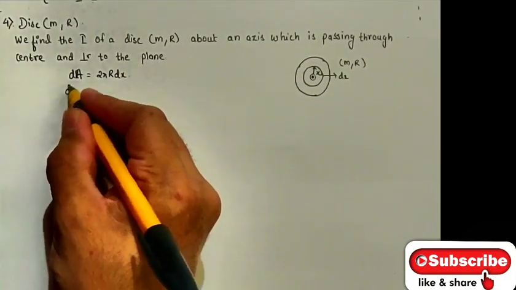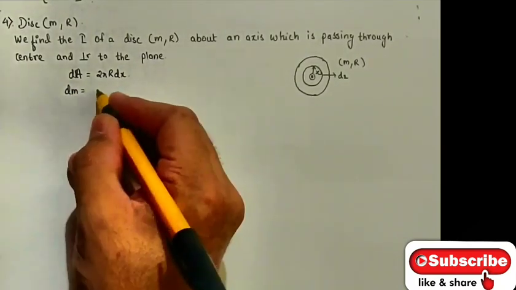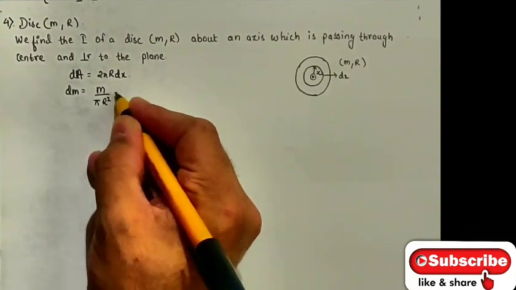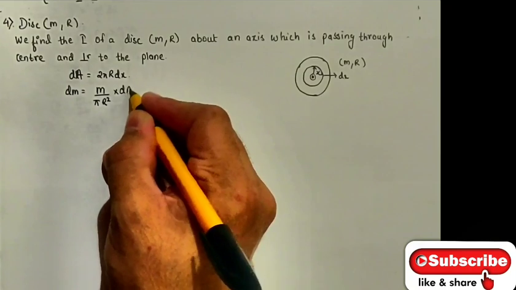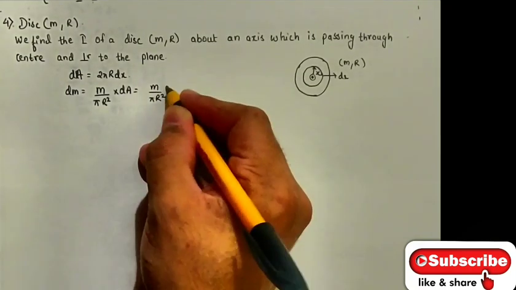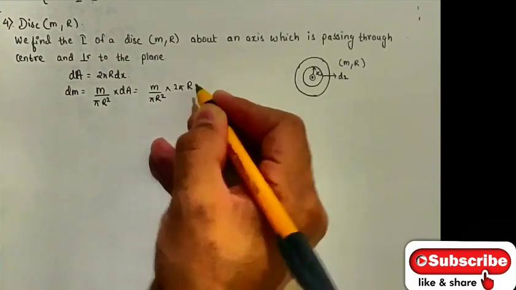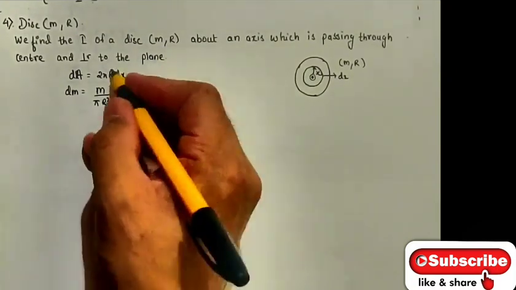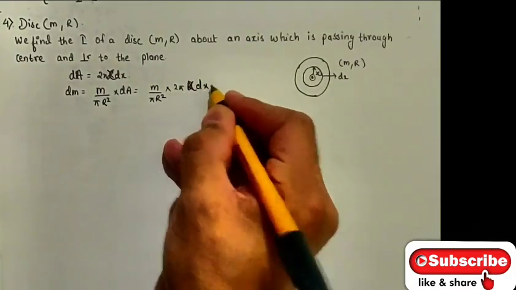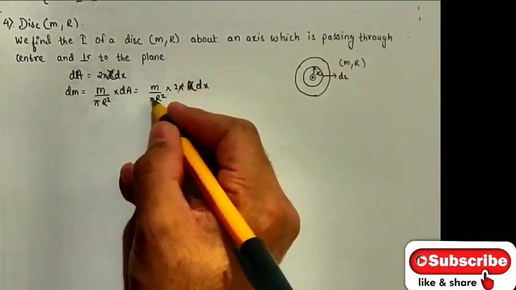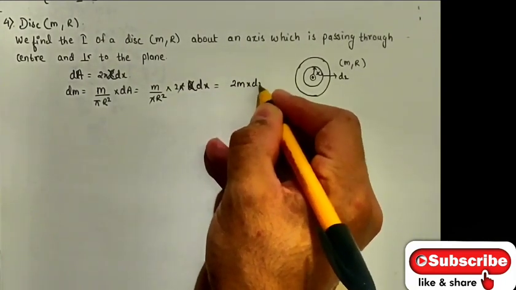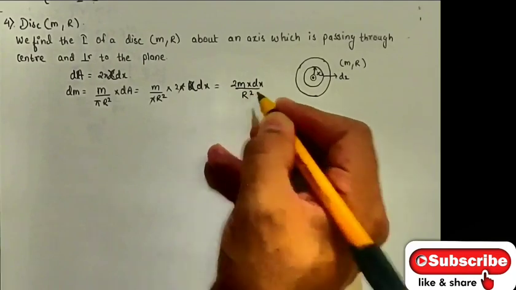So dm will be m by pi r square into dA, which is m by pi r square into 2 pi x dx. Here pi and pi cancel, and we get 2mx dx by r square.